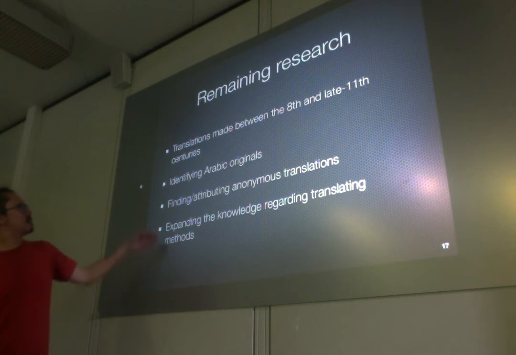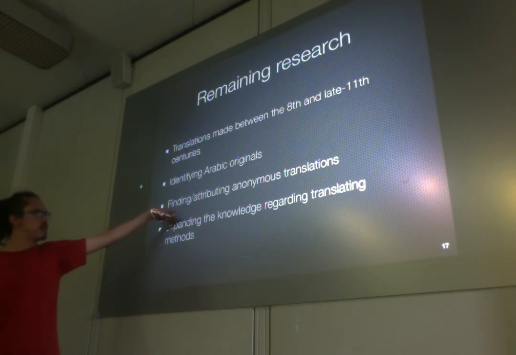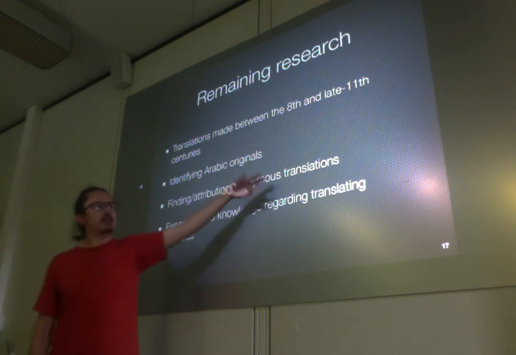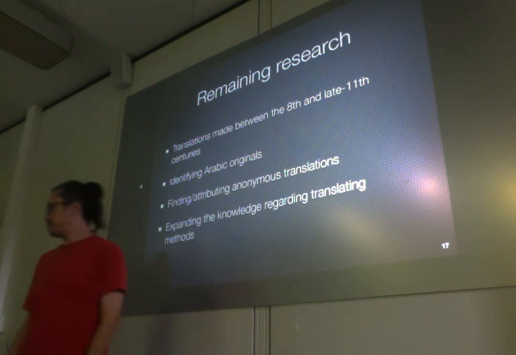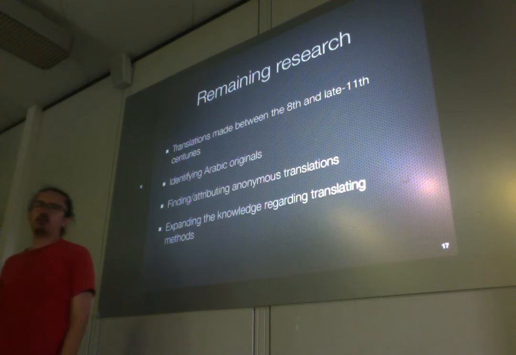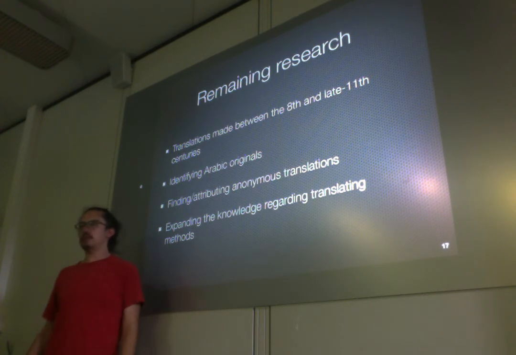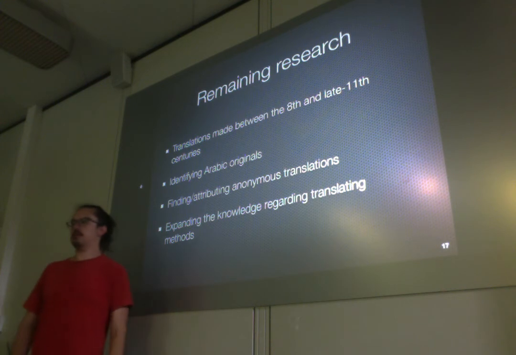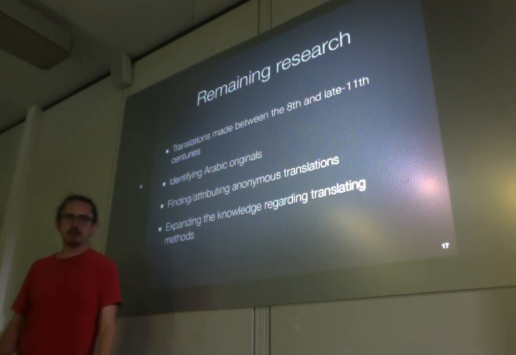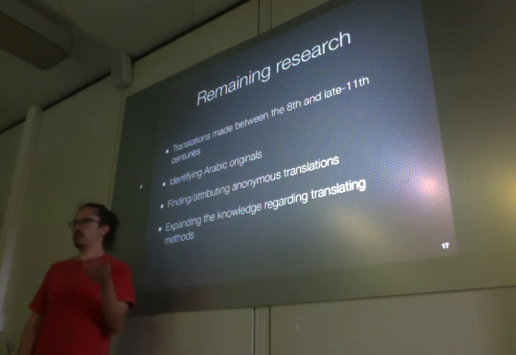This has to do also with this third topic, finding and attributing anonymous translations. Because we know a good deal about the translations that have the author's name on them, but there are lots of other translations that aren't attributed to anyone.